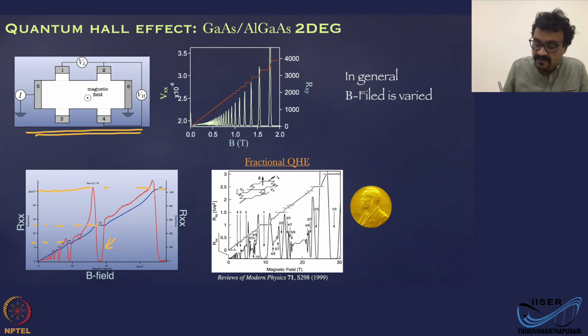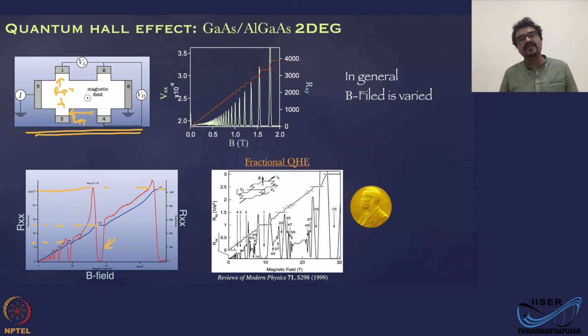So if I mark it here, Rxy will be this and Rxx will be the resistance in this direction, in the direction of the electric field.